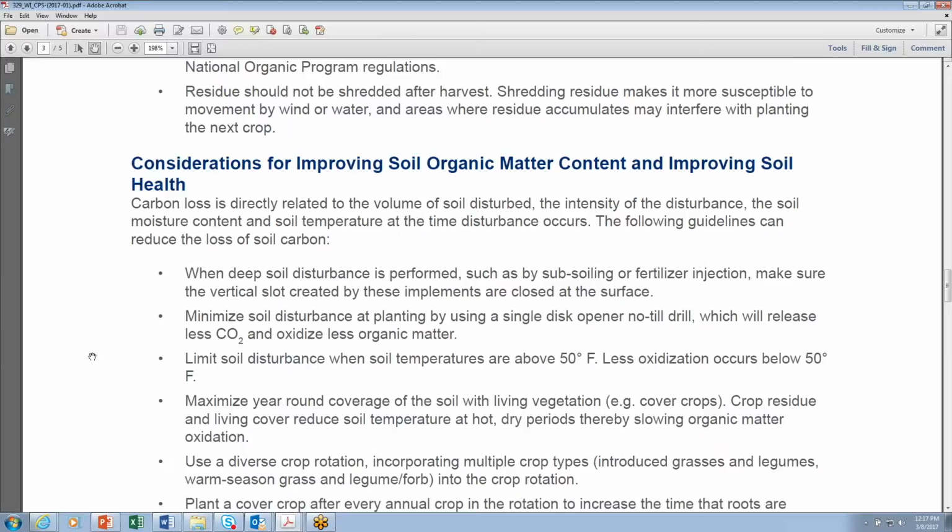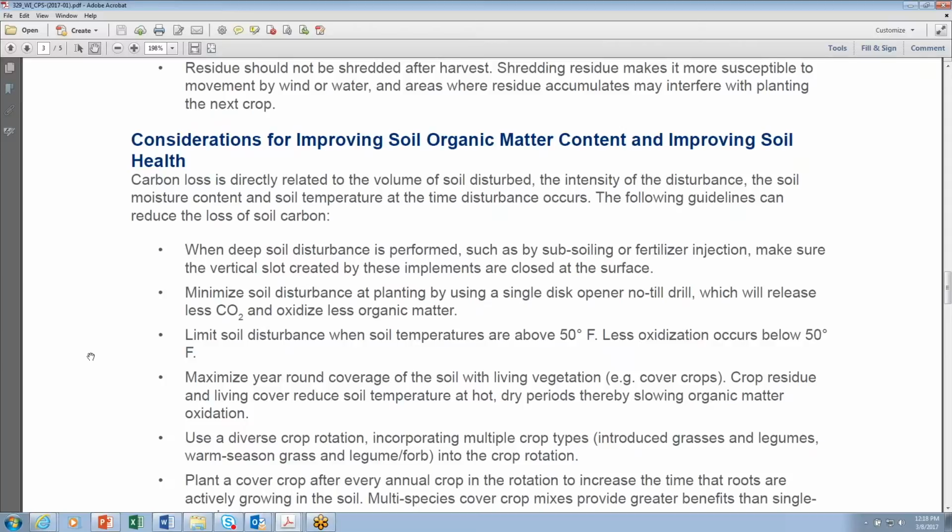So we don't want to accidentally impair the field if you are doing subsoiling, which is okay as long as you haven't gone beyond your surface disturbance with that practice. But if we don't close that slot at the surface, it can definitely have a negative impact on the success of a no-till operation, and that just goes without saying and makes sense.